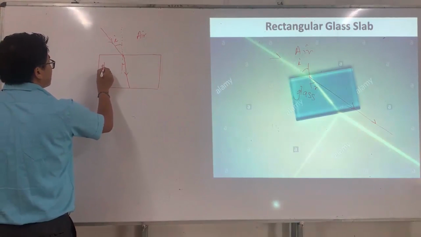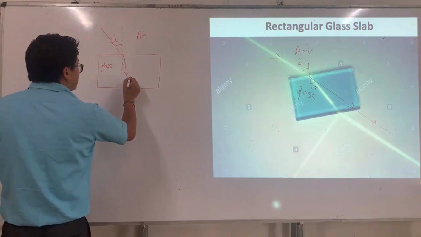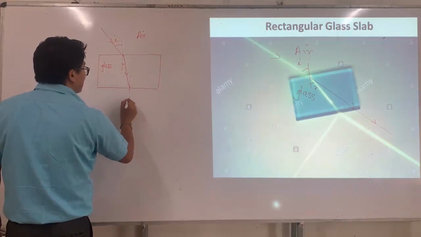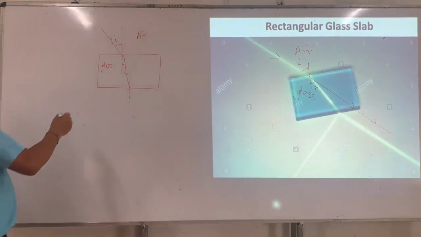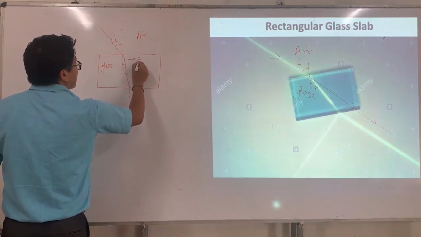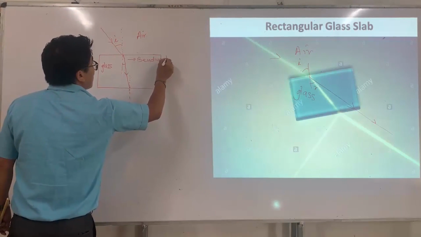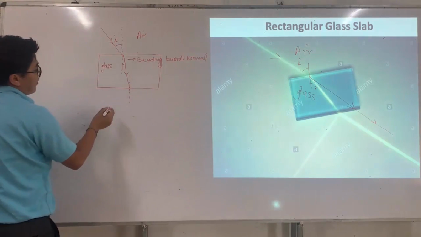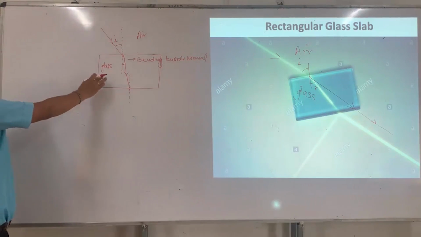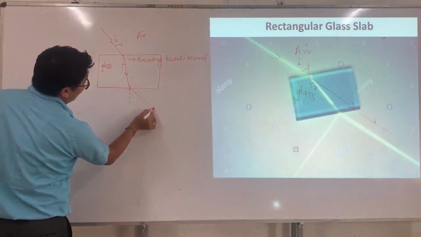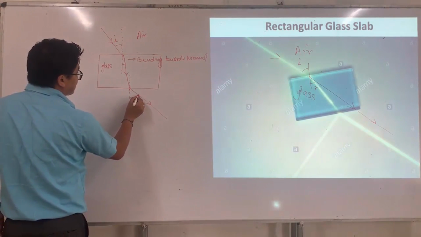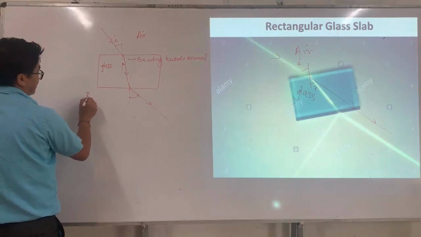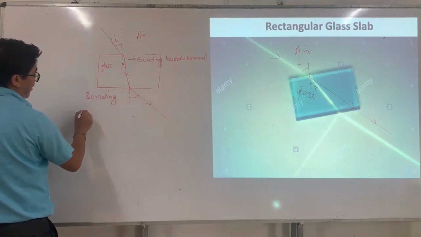Alright, this is the glass medium. Since air is rarer compared to glass, bending is towards the normal. Now here, light goes from denser to rarer, so bending is away from the normal. Alright, this is bending away from the normal, and this is bending towards the normal.